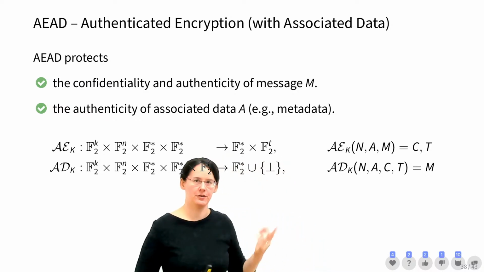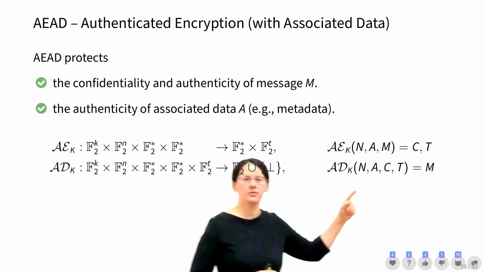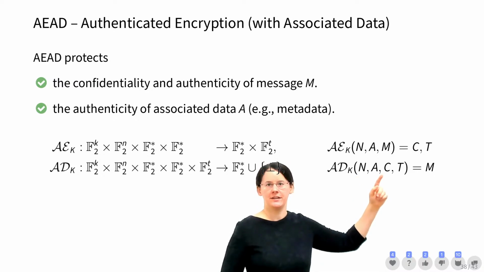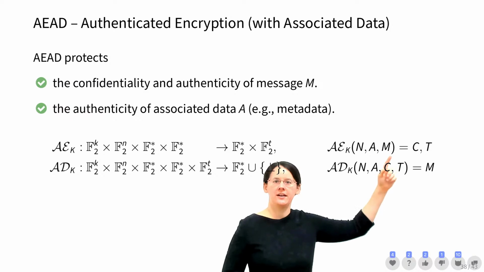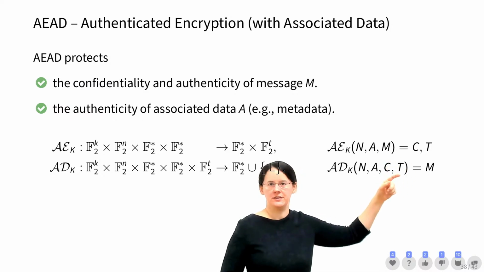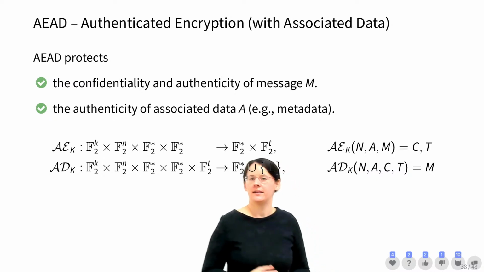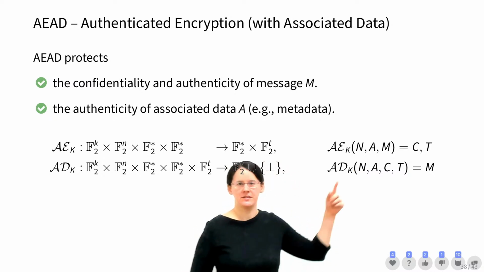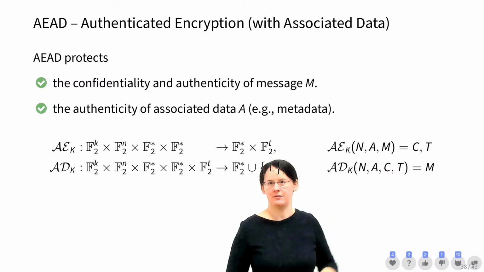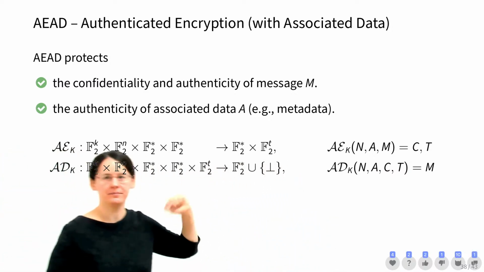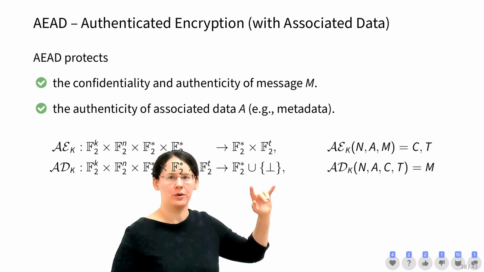And for the decryption function, we also need to plug in, as with encryption schemes, the nonce and the ciphertext, plus additionally the tag to verify authenticity, plus additionally we also need to tell it the associated data, because this is not encoded as part of the ciphertext. So this is why we even have 5 inputs here. And the output is one of two things.